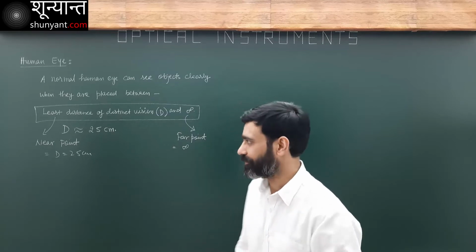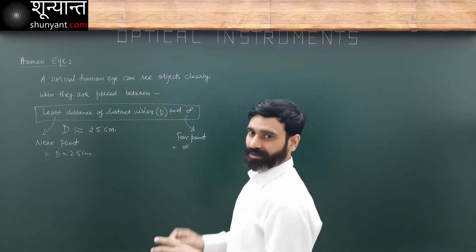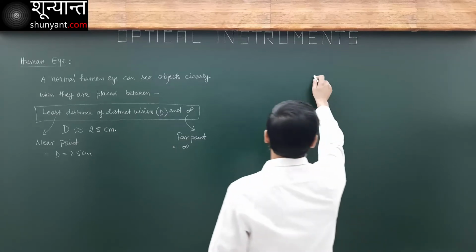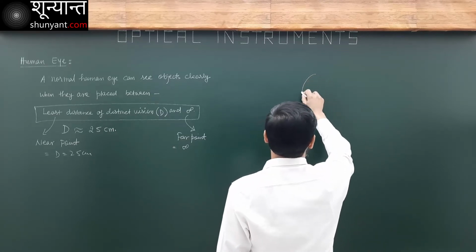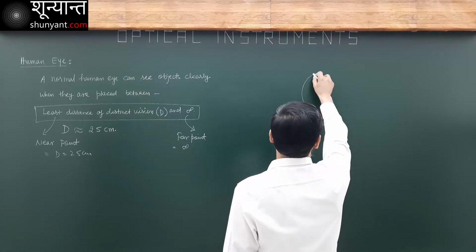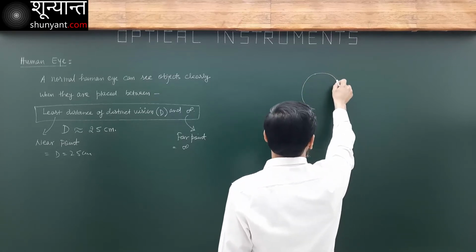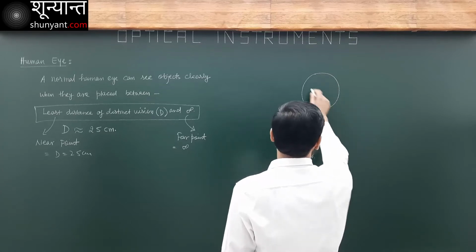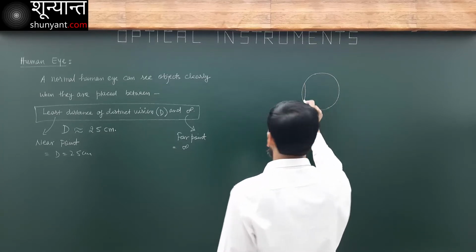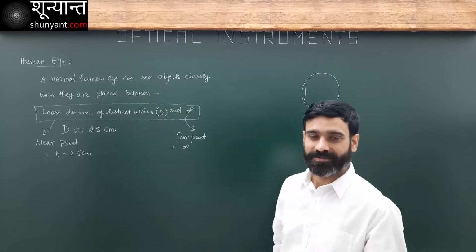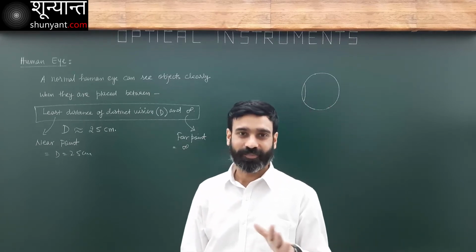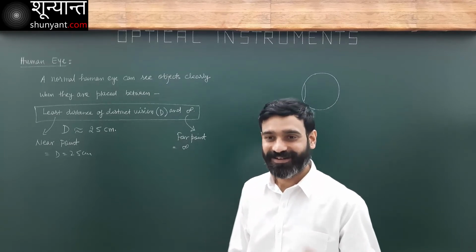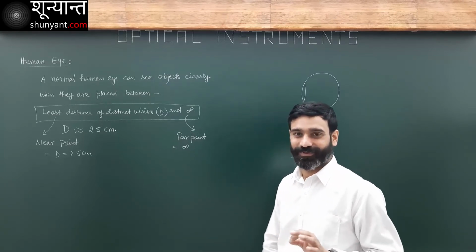Let's see how. If you look at the structure of the eye, the simplest possible structure is like this. I have this spherical eyeball, and in front of it we have a convex lens. We are not going into all the details. The eye itself is a very complex organ; you can spend your lifetime studying and exploring just the eye.